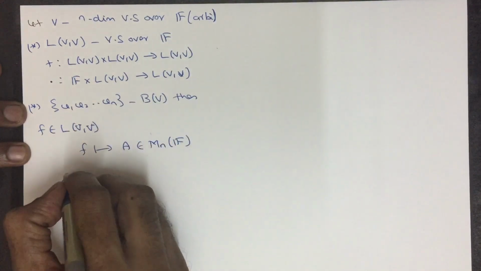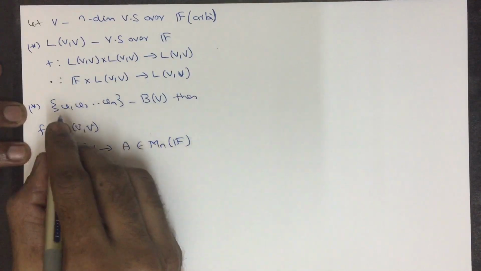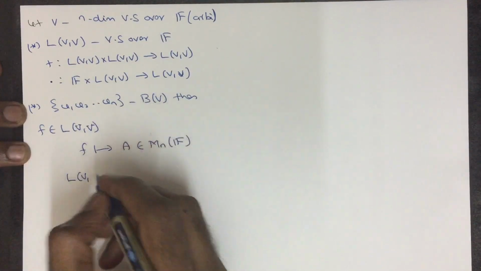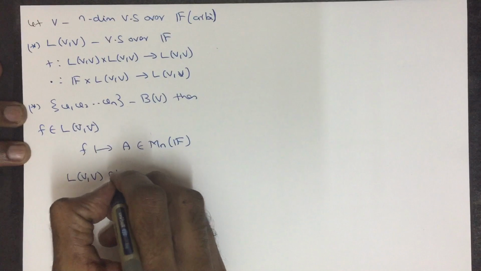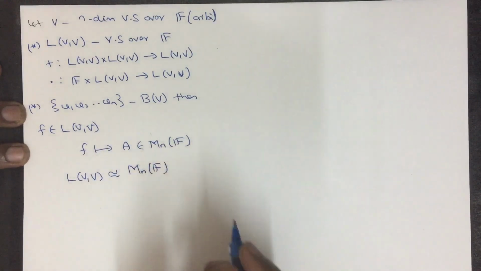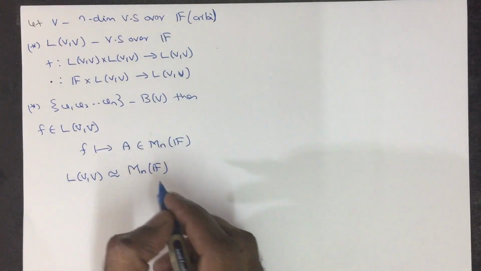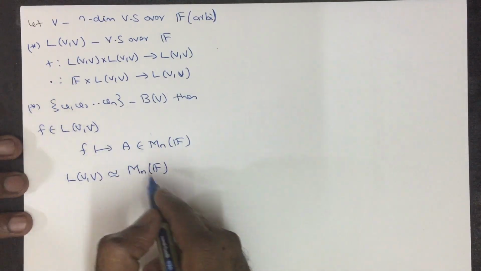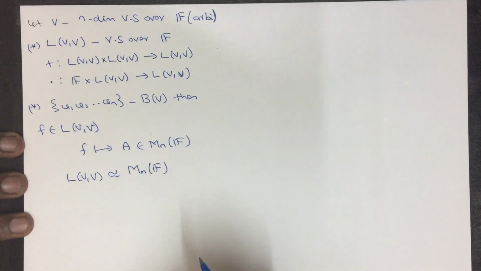In fact, L of V comma V can be proved to be isomorphic to this n square tuple over the field f. I mean, this Mn of f can be seen as an n square tuple.